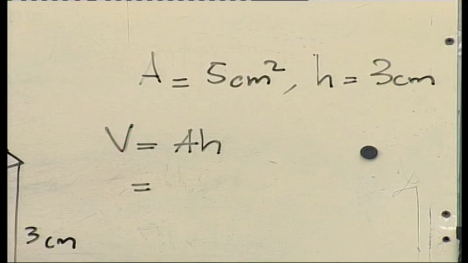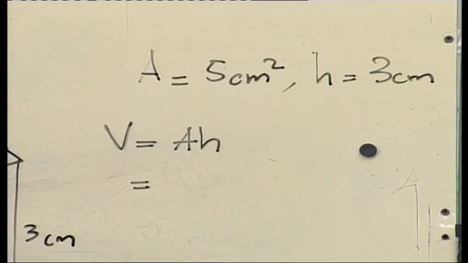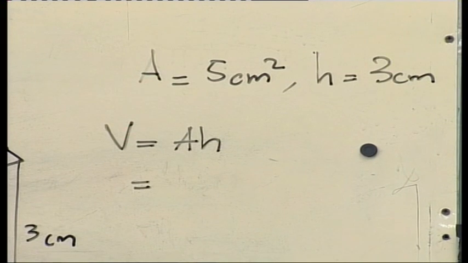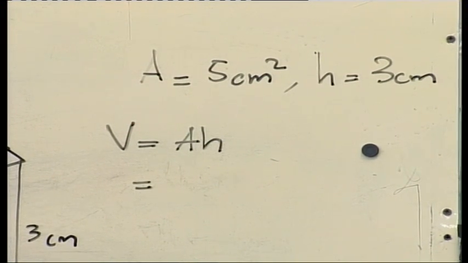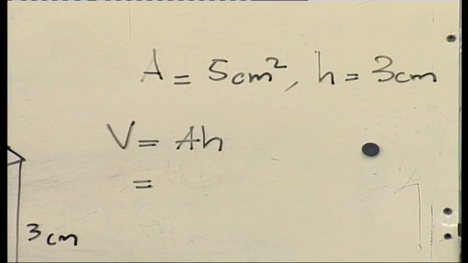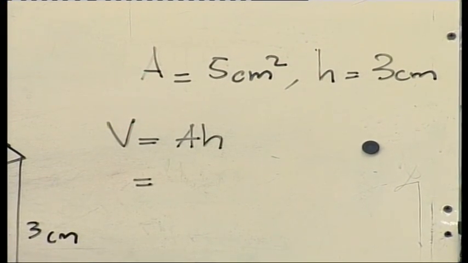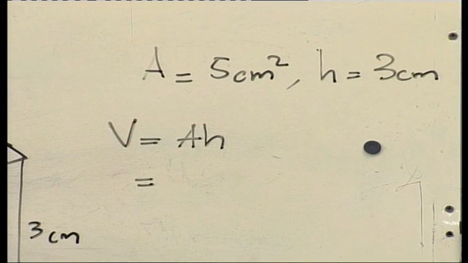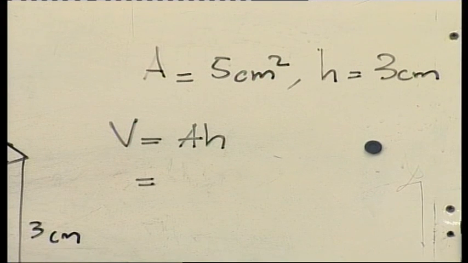Now, what is the volume of the prism using the formula? Volume is equals to area of the base times height. What do you think is the volume of the prism, receiving students in 7? We already know the area of the base, 5 square centimeter, and we already know the height of the prism, which is 3 centimeter. 15 what? 15 cubic centimeter.